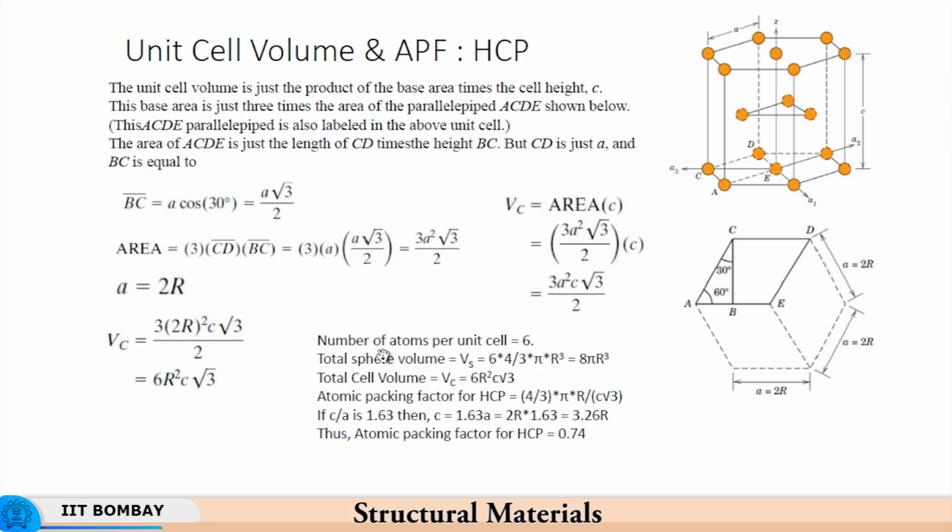So volume of the unit cell is 3 times 2r square c into root 3 upon 2. So that is because the area is 3 times CD into BC.